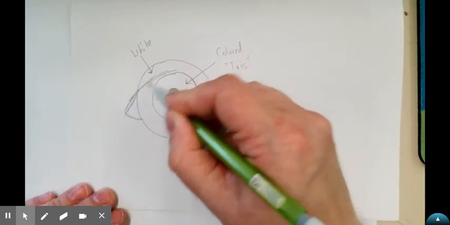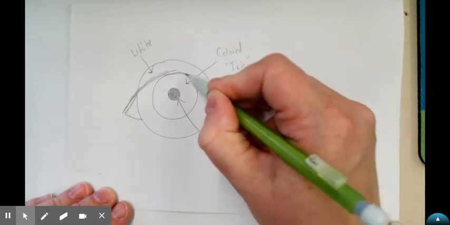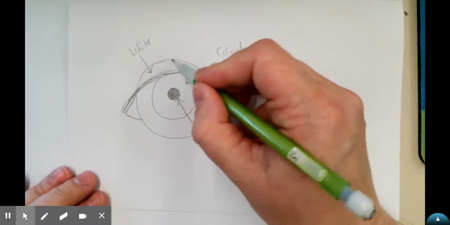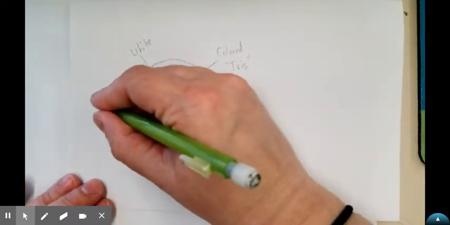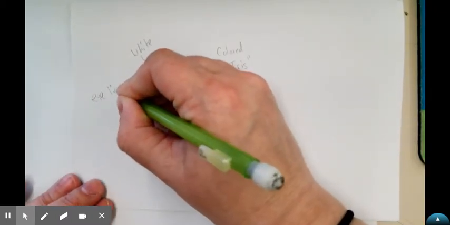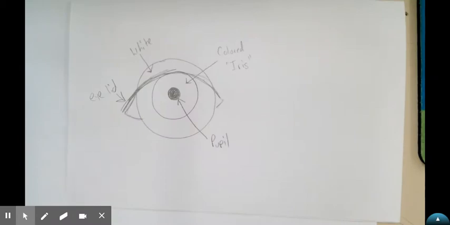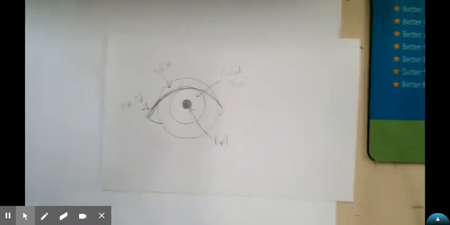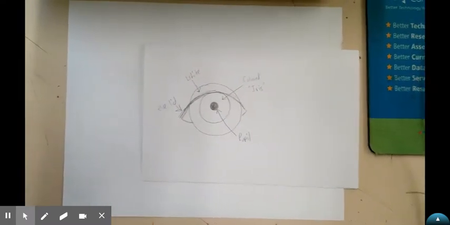And the eyelid is the part that actually covers your eye. So we don't see the entire eyeball. A lot of it will end up getting covered up by the eyelid. Bam. Okay? So different things that we'll be referring to as we're working through this. Let me back it back up again.